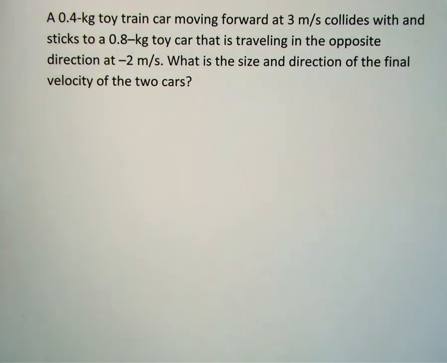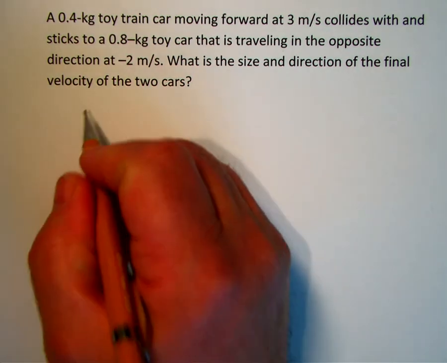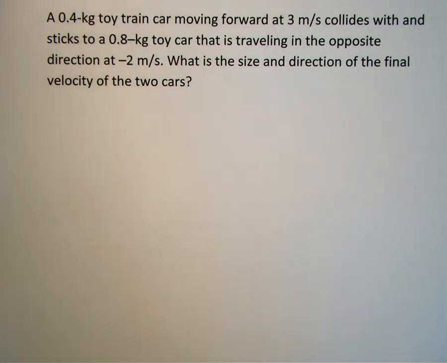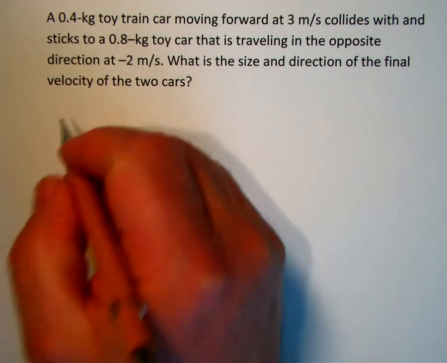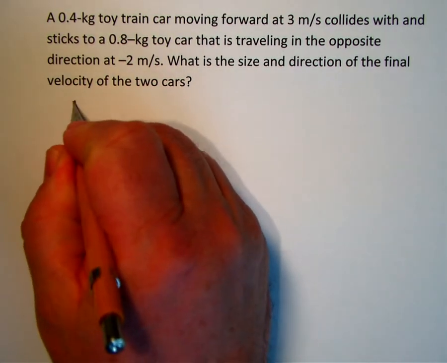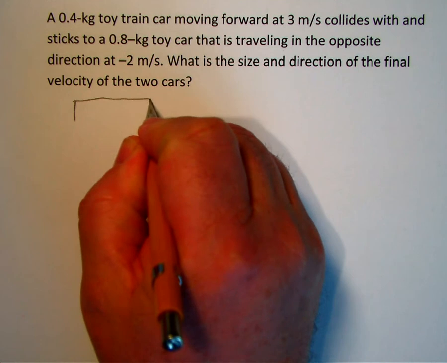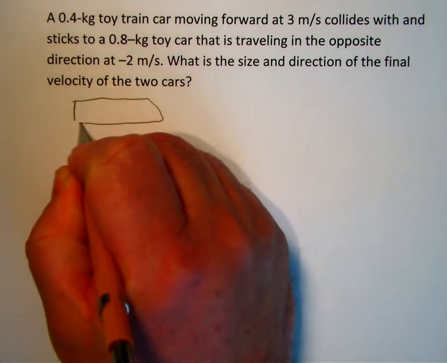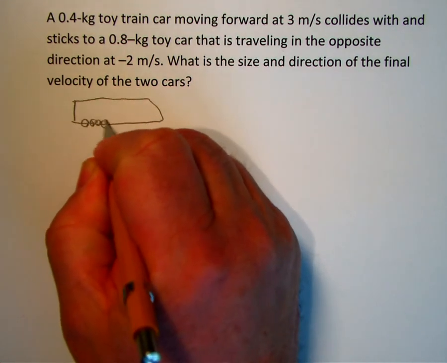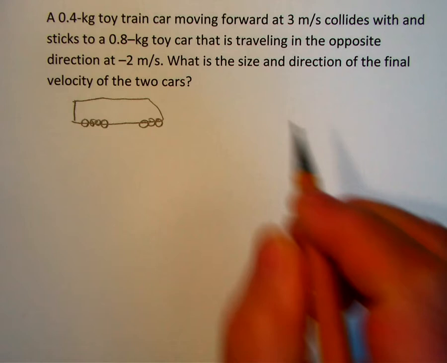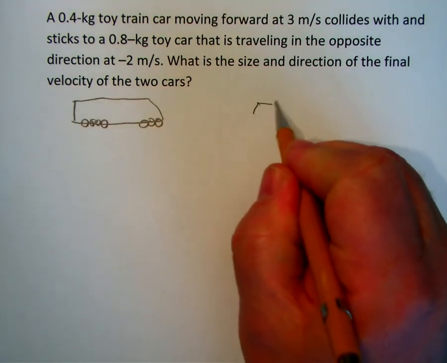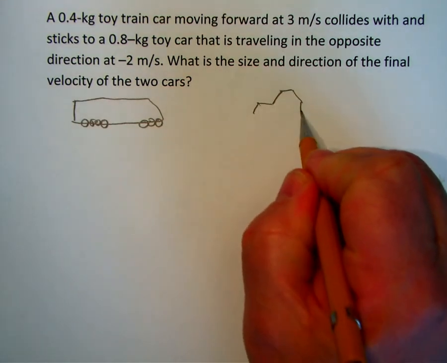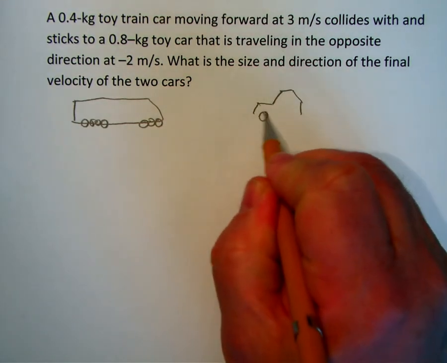As always, we're going to start with a drawing. I'm just going to draw a generic looking train object and a generic looking car object.